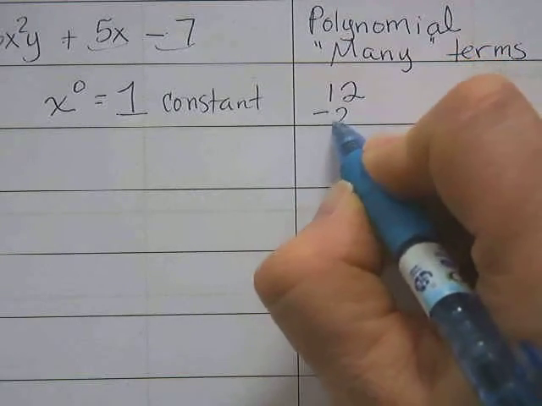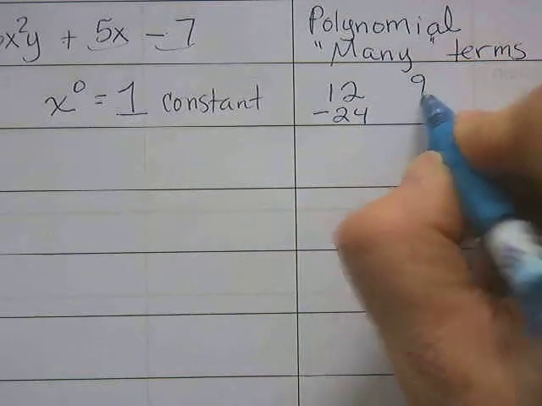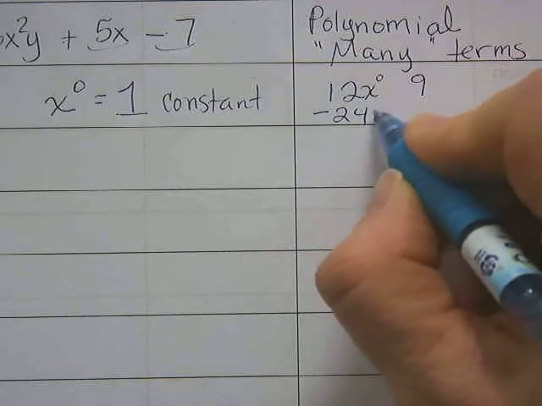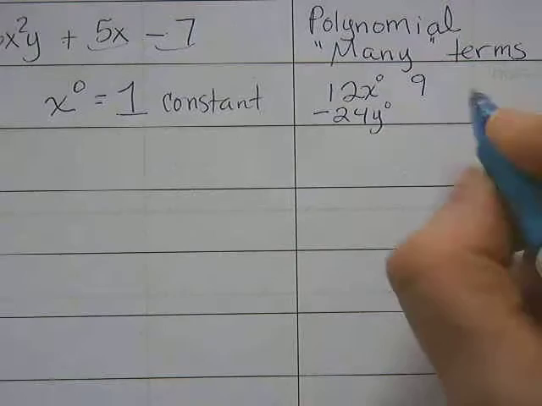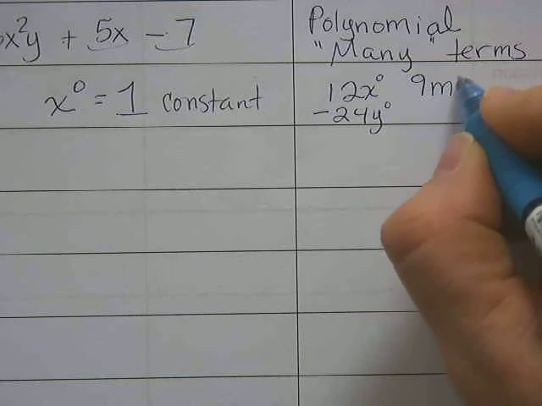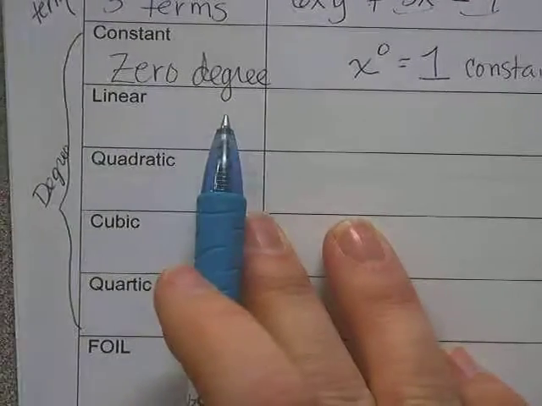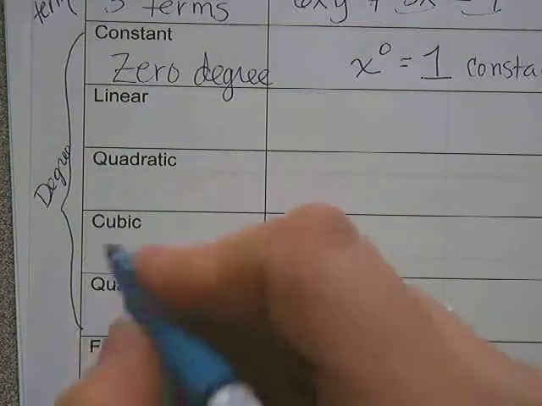So 12, negative 24, any of these numbers are considered having a 0 degree because really if a variable was attached to it, it would be to the 0th degree because the number's just by itself. So constants are 0 degrees.